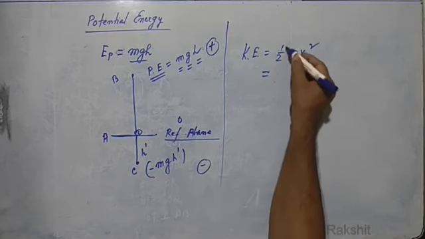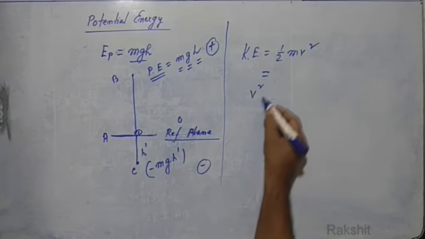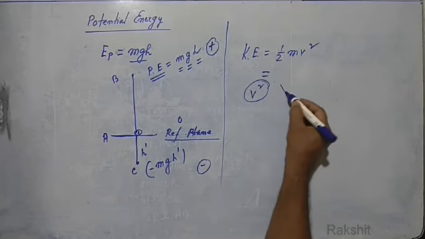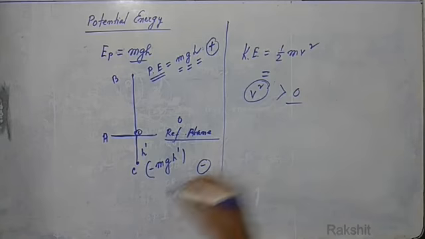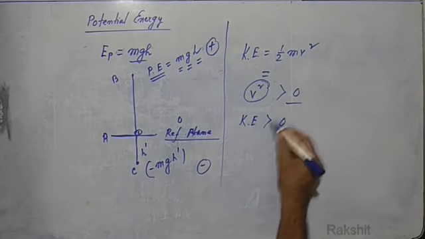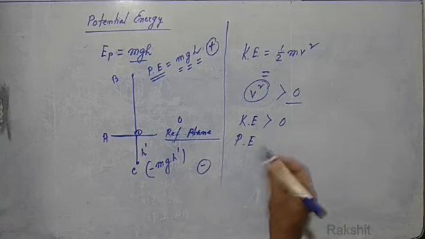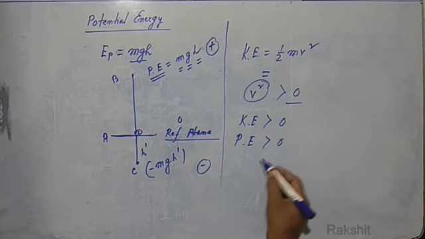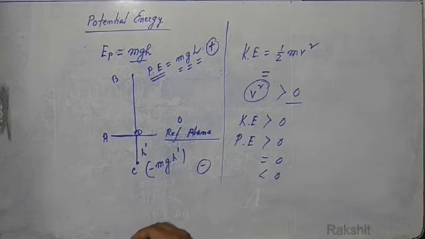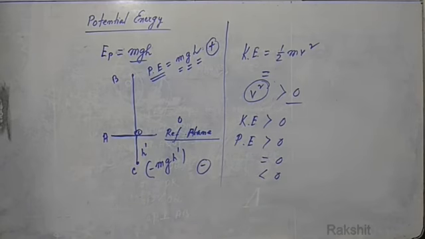Half cannot be 0, cannot be negative, m cannot be negative, and v squared, a square term, is always positive. So kinetic energy is always positive, but potential energy can be positive, can be 0, can be negative. So this should be remembered during problem solving and other purposes.